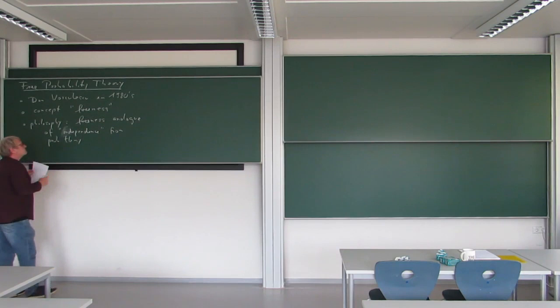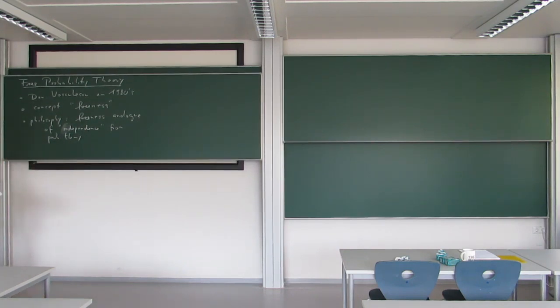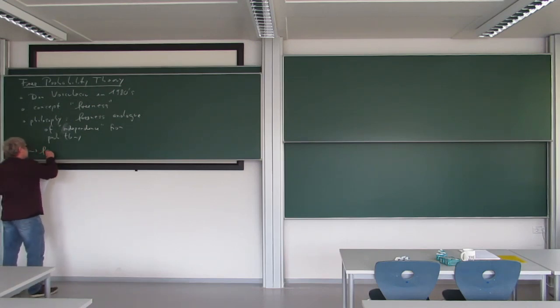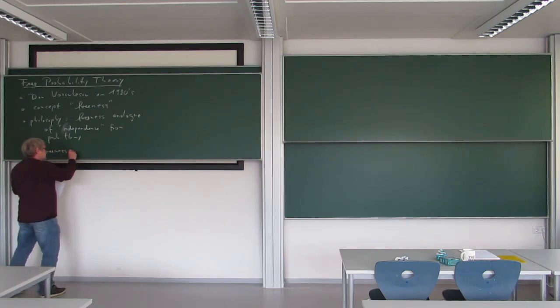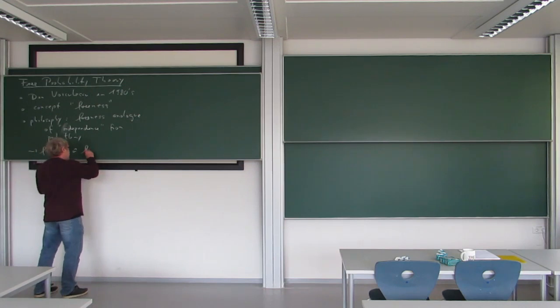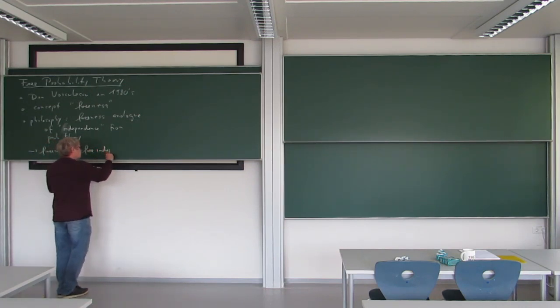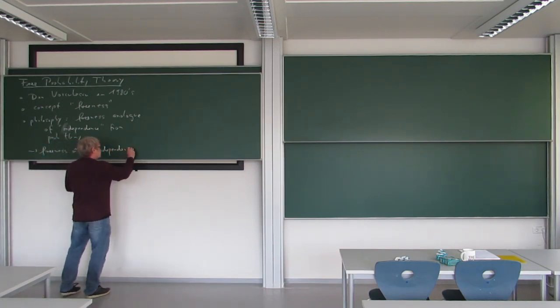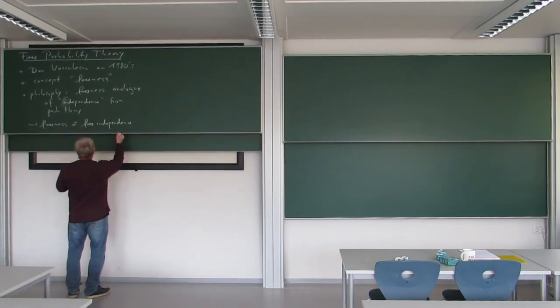Okay, so this means that what we are doing in free probability theory has a kind of probabilistic flavor. In particular, freeness is also called free independence, to make this clearer, to make this analogy to the classical independence theory.